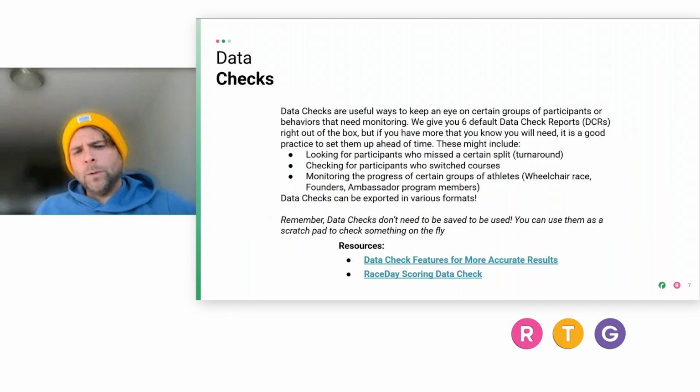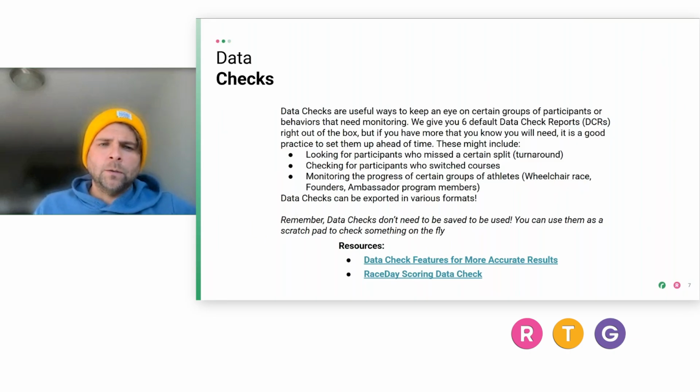Data checks, if you're not familiar with them, I would really encourage you to take a look at these webinars down here. Data checks are a good way to look at the race in a very analytical way.